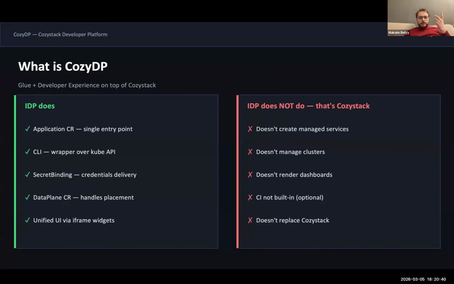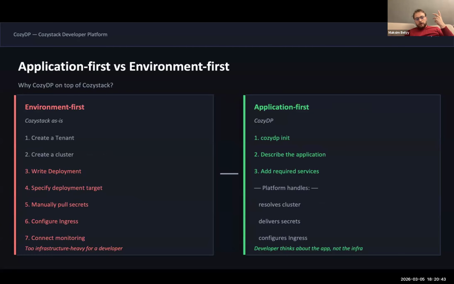So what do developers actually want? Developers don't want to think about environments or infrastructure, because they want to develop their applications and deploy to production, to development, or to preview environments. In the development of platforms, we have two approaches: environment first and application first. Environment first is actually the current state of Cozystack.